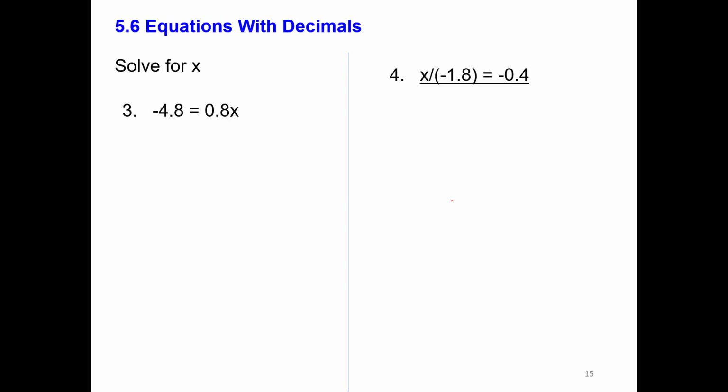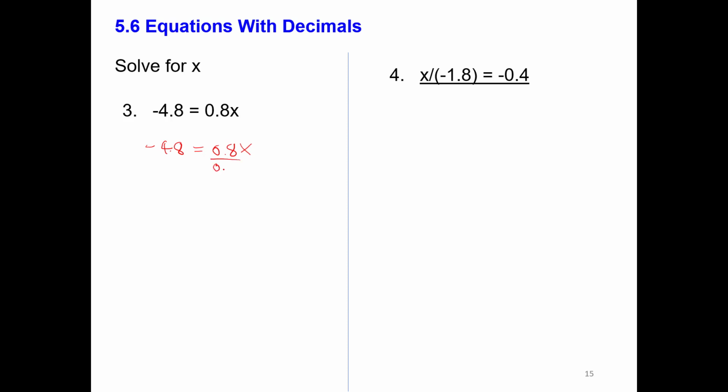On to the next. Again, this is a one-step equation, and here it is multiplication and division. We have negative 4.8 equals 0.8x. Since we need to solve for x, we need to divide by 0.8 to get x by itself.